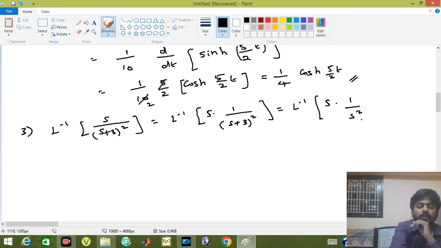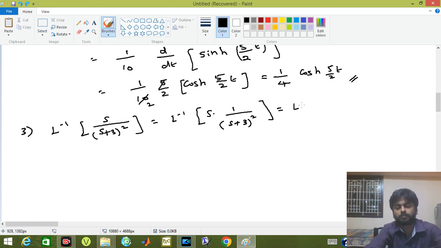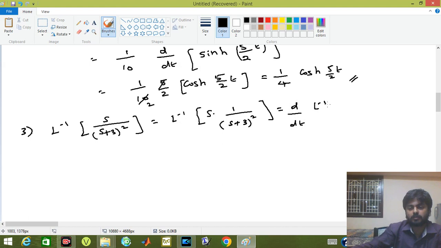So to apply that, I am first writing L inverse of s into f of s equal to d by dt of L inverse of 1 by s plus 3 square.